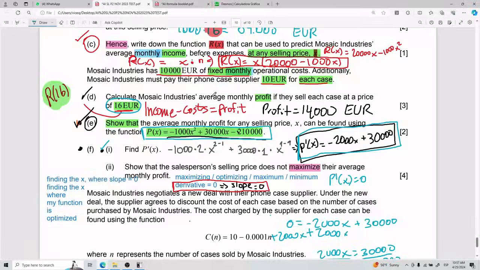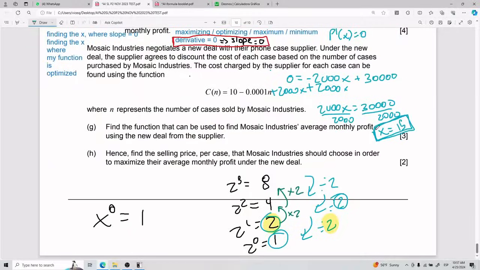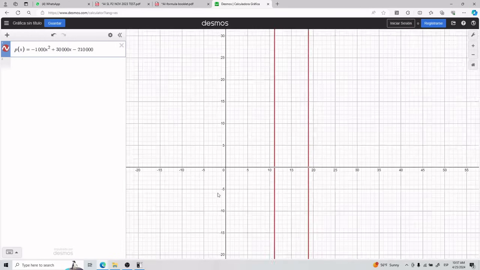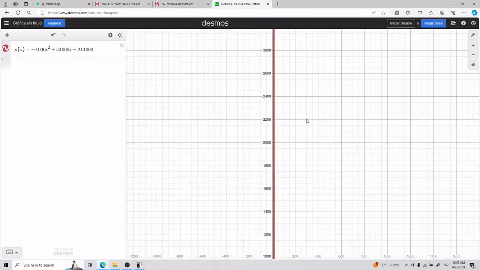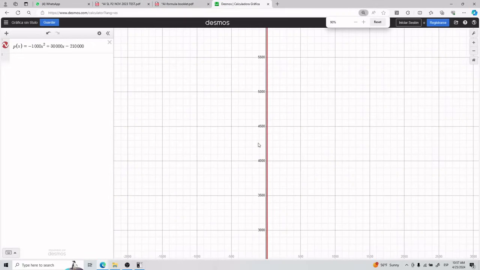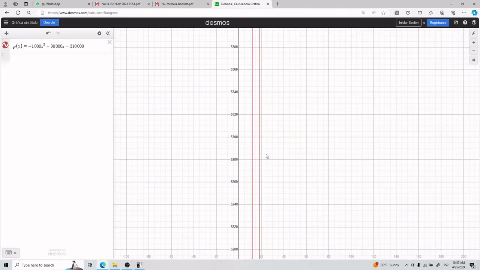Yes. Minus 210,000. We found that our optimum is at x equals 15. And so if I zoom out, I gotta go all the way up because we're talking about big values here, but okay, this graph is definitely not friendly.